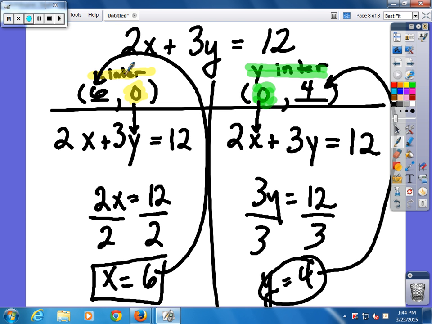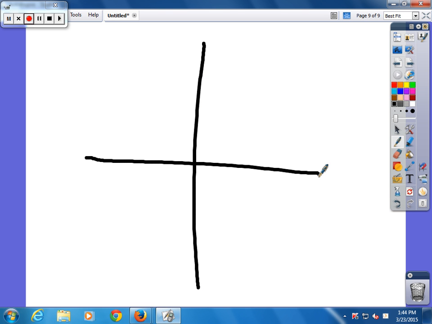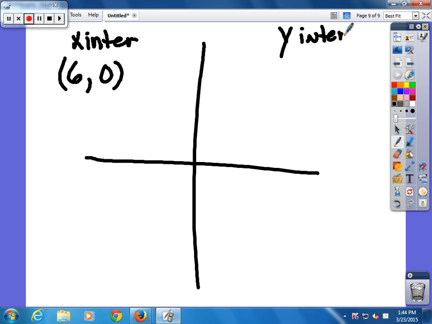So, 6 and 0. My x-intercept is 6 and 0. Notice, I still put that up there. I'm not doing that for your benefit. I'm doing it so I don't put on the wrong one. And the other one is 0, comma what? 4. So this one goes on the x-axis.